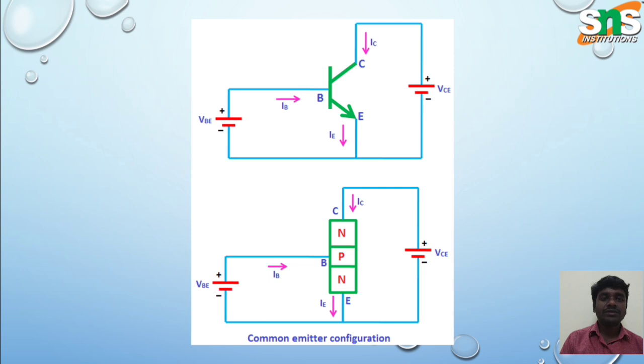So the emitter is the common one. The current through the base is IB, the current through the collector is IC, and the current through the emitter is IE.